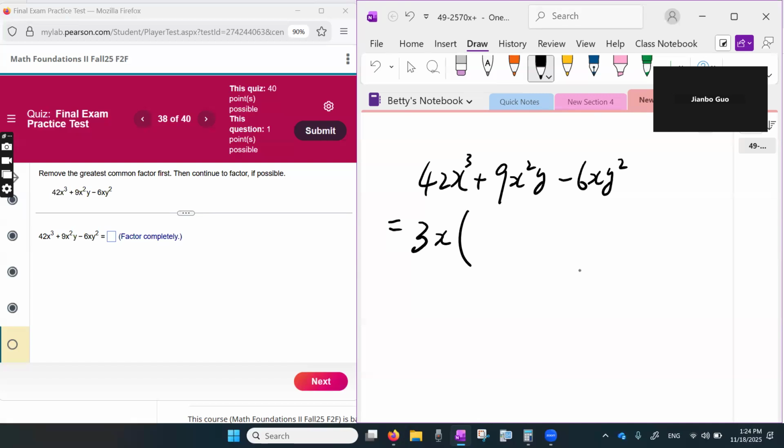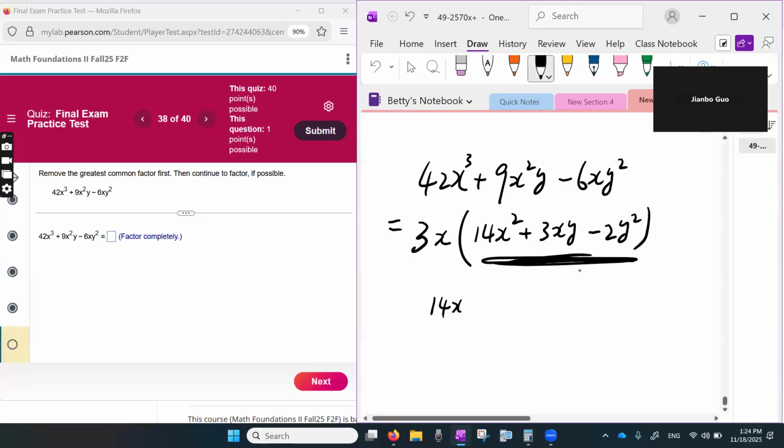So factor out 3x, we have 14x squared plus 3xy minus 2y squared. For this trinomial, notice there are three terms: x times x, x times y, y times y.